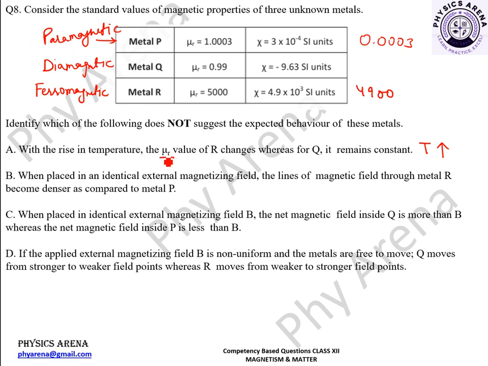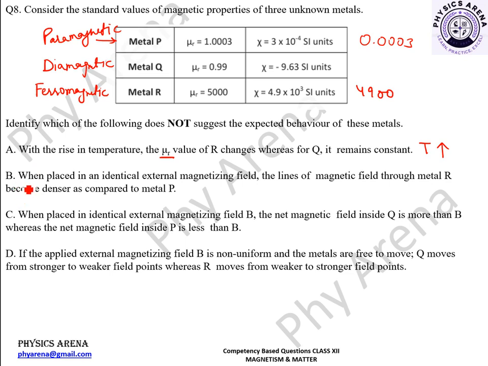So obviously mu r value will change for R, but for diamagnetic material, there will be no change. So no effect of temperature will be there on the diamagnetic material. So this statement is correct, but we have to identify the statement that is not true. So this is not the answer, but this is the correct statement.